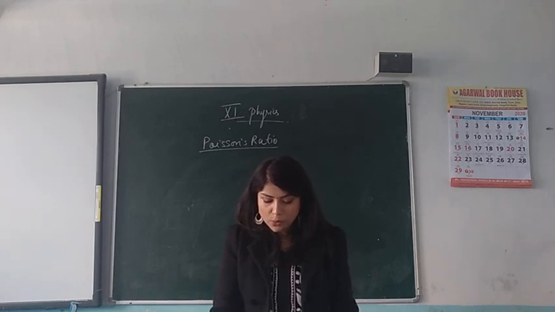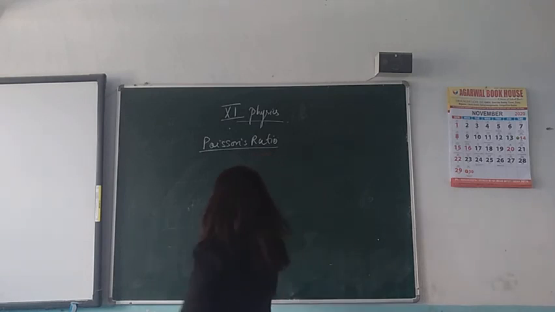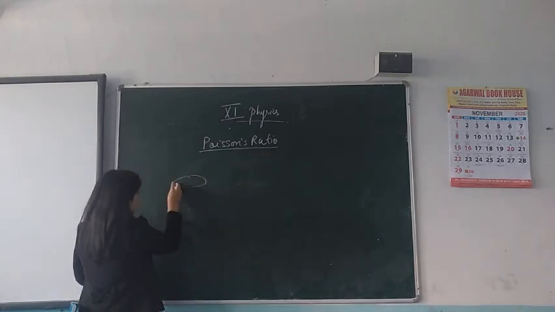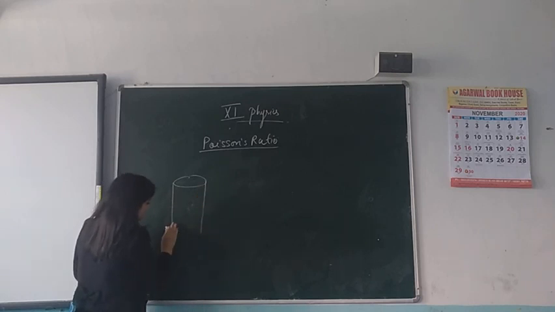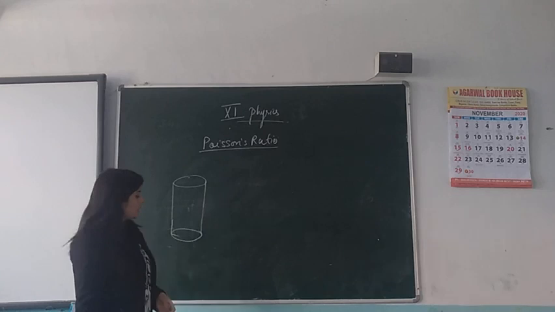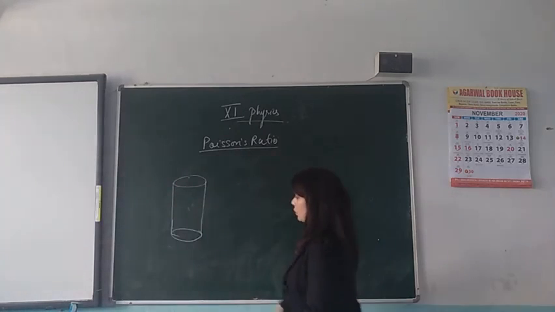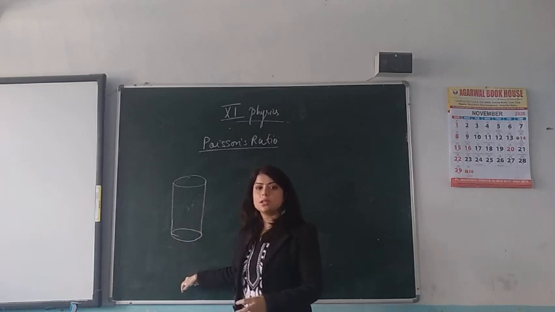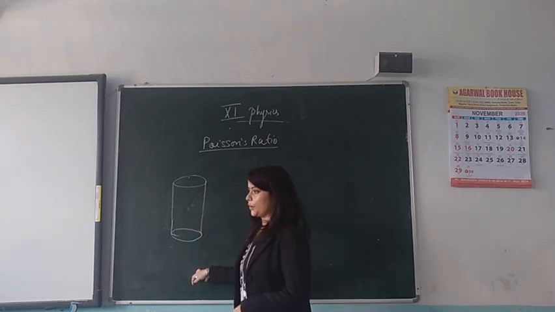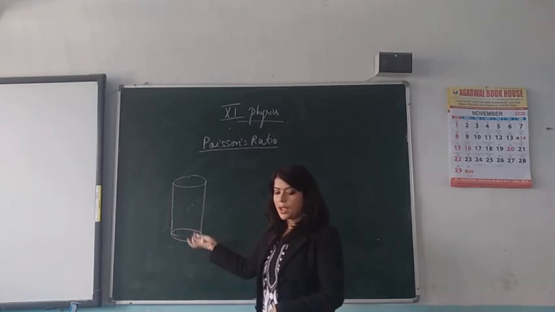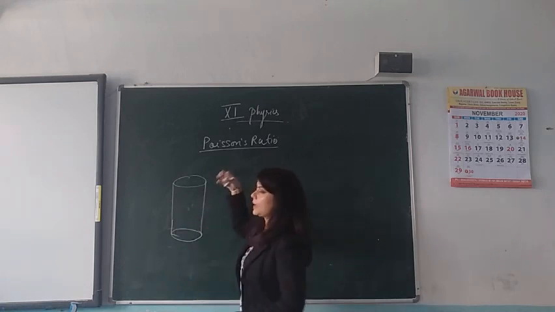Now, in the Poisson's ratio, we take a body, a cylindrical object, and we put a tensile stress over it. We try to increase the length of this one.